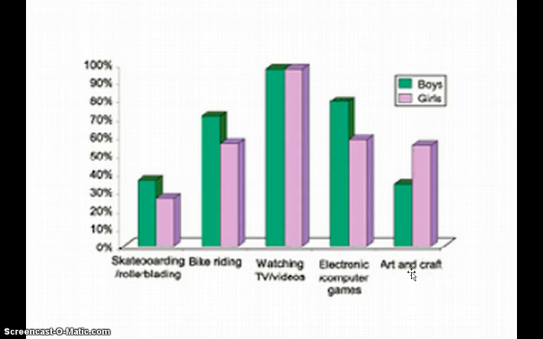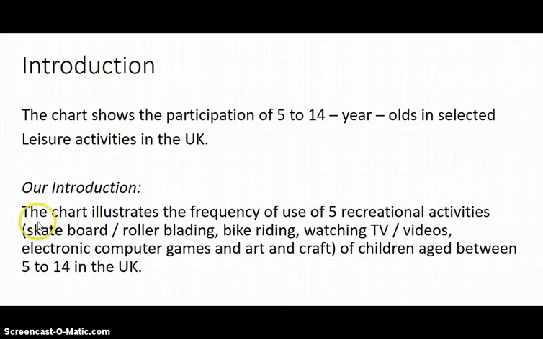In the introduction we have to give this information, and if it's not very long we have to list the names of activities as well in the introduction. So we've had the chart illustrates the frequency of use, and that means how often, so we're talking about the percentages. The frequency of use of 5, so the number of activities, and then I've got a different word here.